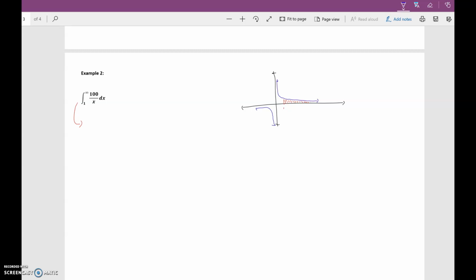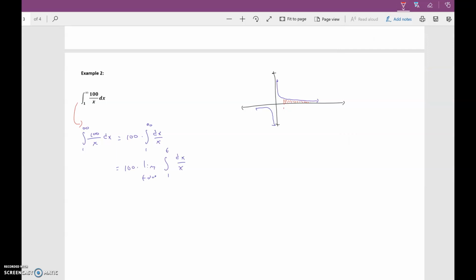So in this case, you're looking at the integral from 1 to infinity of 100 over x dx, and I'm just going to extract that constant. So this is 100 times the integral from 1 to infinity of dx over x, and by definition, this is 100 times the limit as t approaches positive infinity of the integral from 1 to t of dx over x.